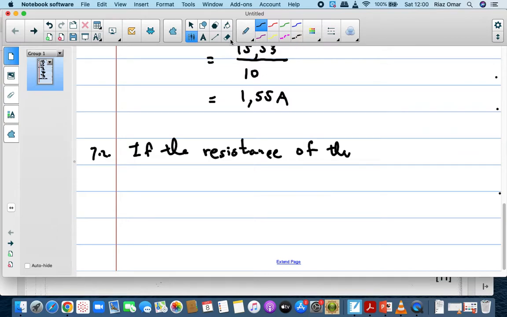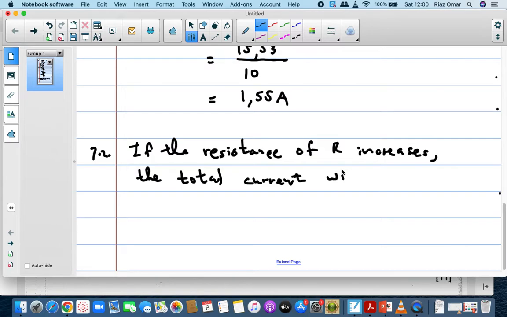If the resistance of R increases, then we can say the total current will decrease.